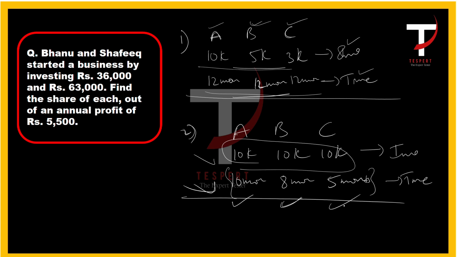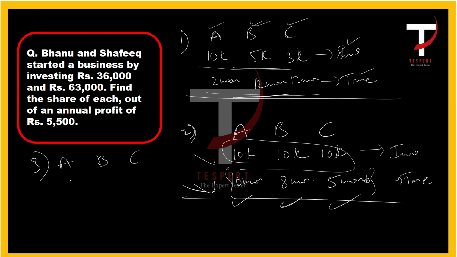Whereas in the third case, all the partners are investing different amounts for different periods of time, right? So A, B, C, all are investing different amounts.